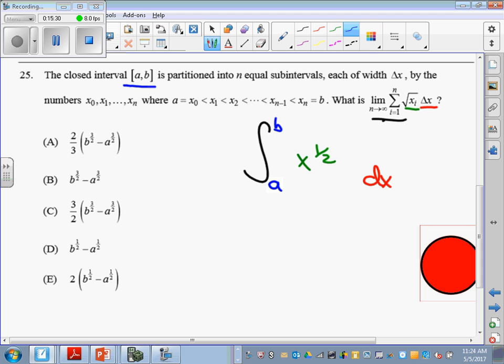When you integrate that and throw in a B, throw in an A, you do get out 2/3, right? And we could do that probably in our head. X to the 1/2 becomes 3/2 times 2/3. Throw in a B, throw in an A. Okay? Are we good? That's it.